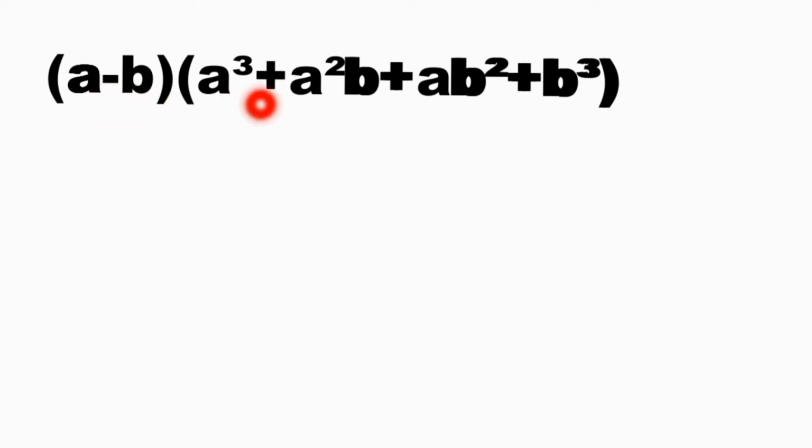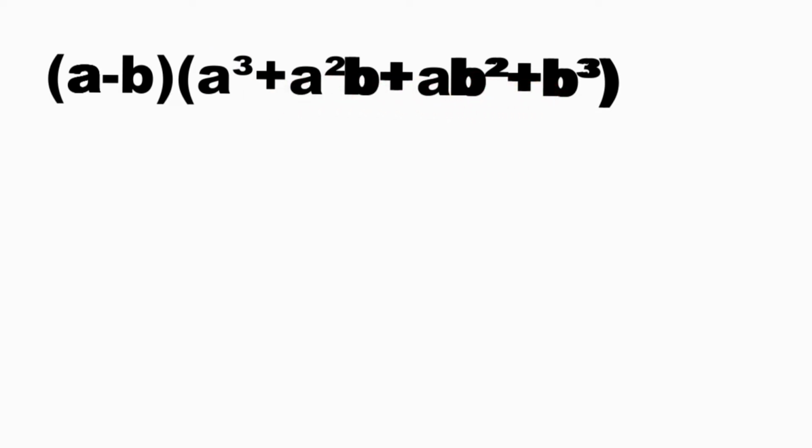And here we have plus, plus, plus, and the power of A is descending, meaning from 3, 2, and 1, and the power for B is ascending from 1, 2, and 3. And so you have to multiply A to all the terms of the polynomial.